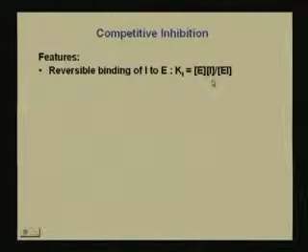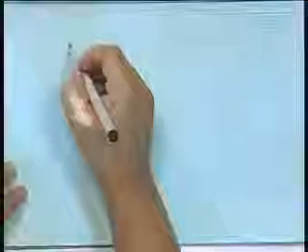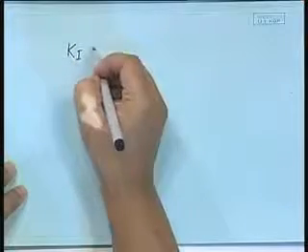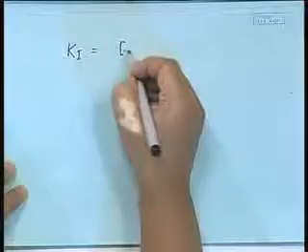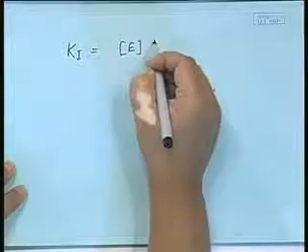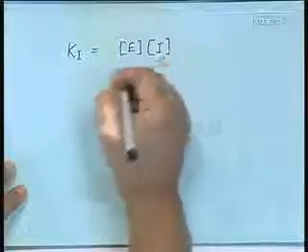What complex am I talking about? Is this an association or a dissociation? I am saying that Ki is equal to E times I over EI.